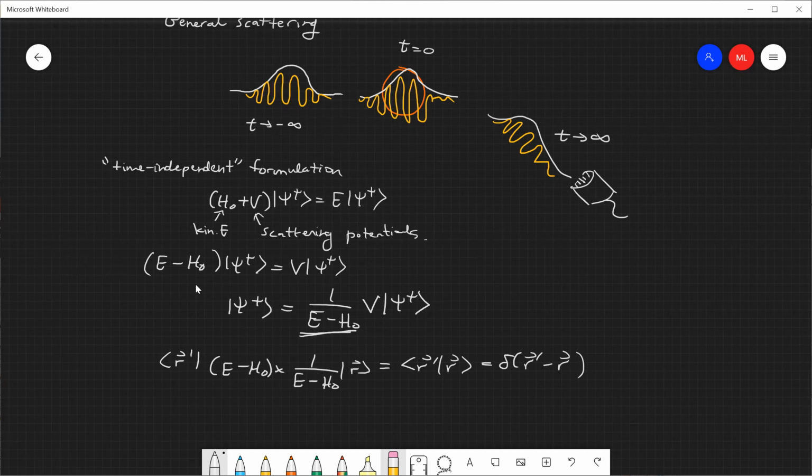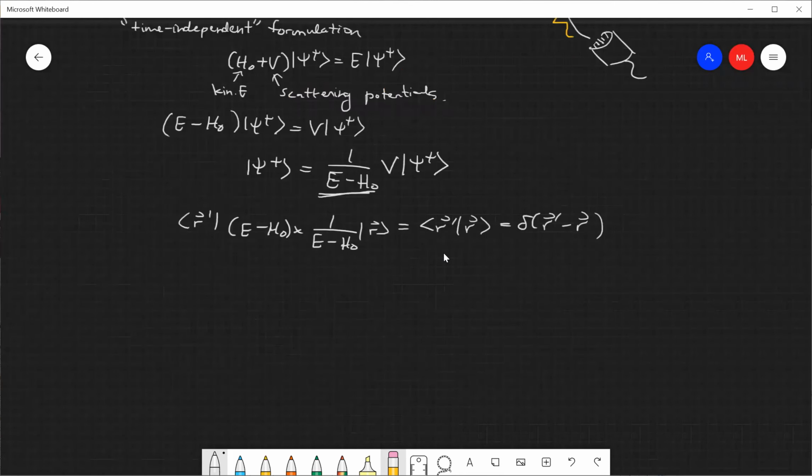This is where we'll begin our analysis. We're going to try to figure out, can we actually derive what this operator is in position space representation? And this operator in position space representation is called a Green's function. So let's look at it.